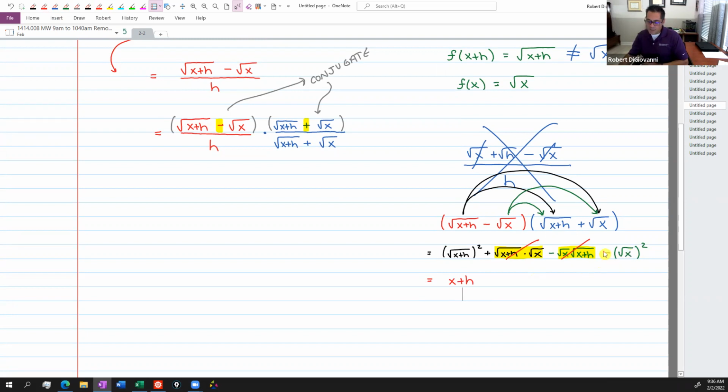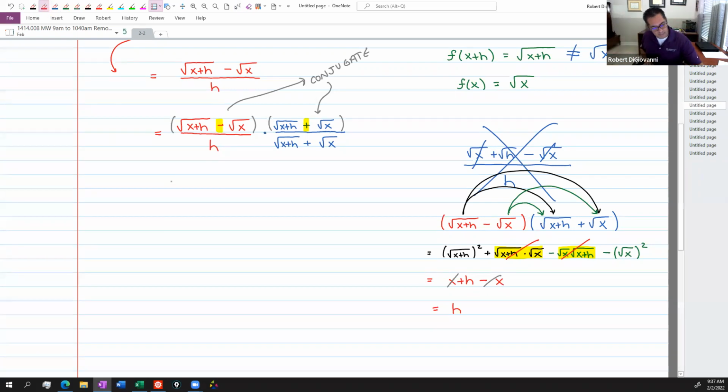And then at the very back, you're going to have minus, and then here is just going to be x because you square the square root again. So the square root goes away. And how about that? The x's go away, and you just get h. Wow, okay. So all of that stuff on the top multiplied together gives you h.